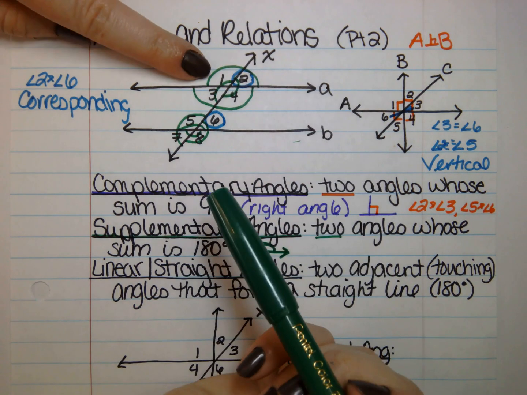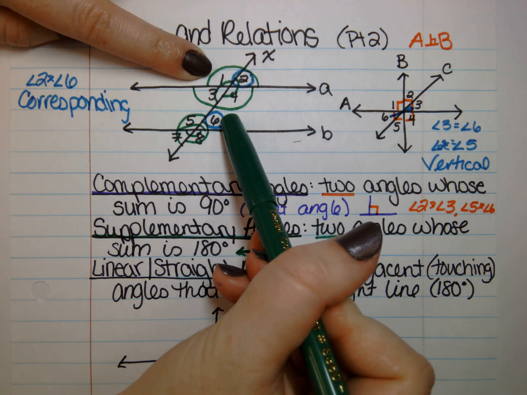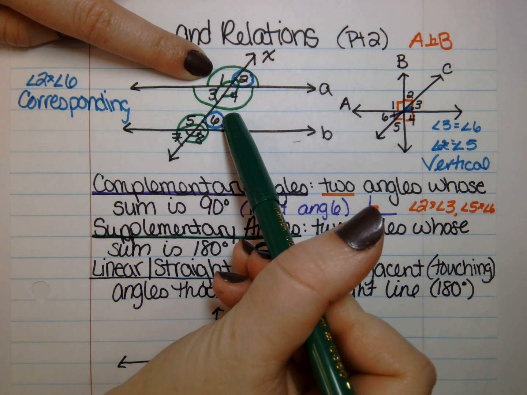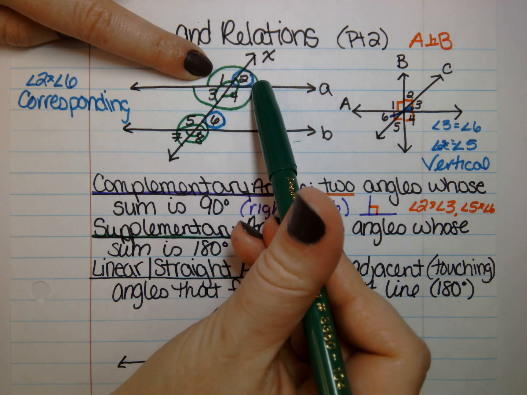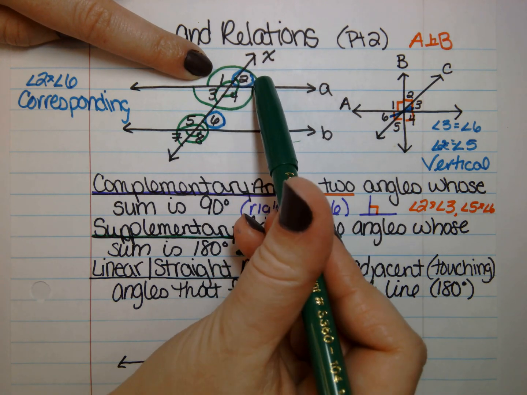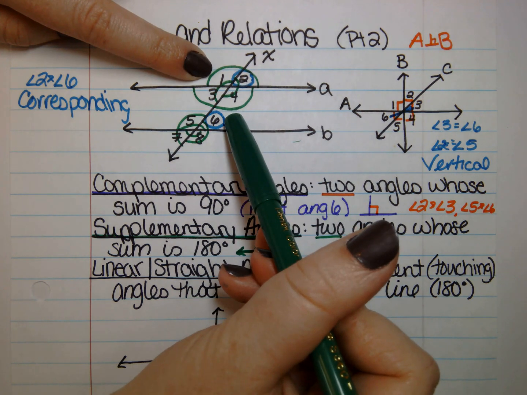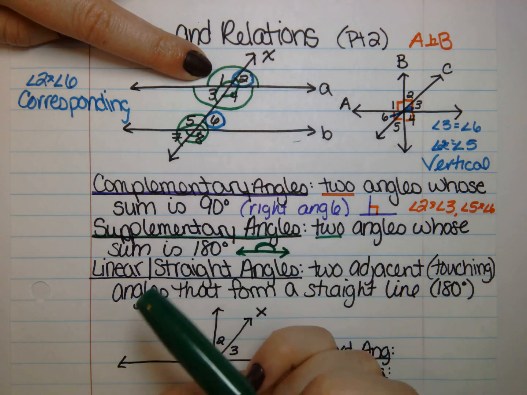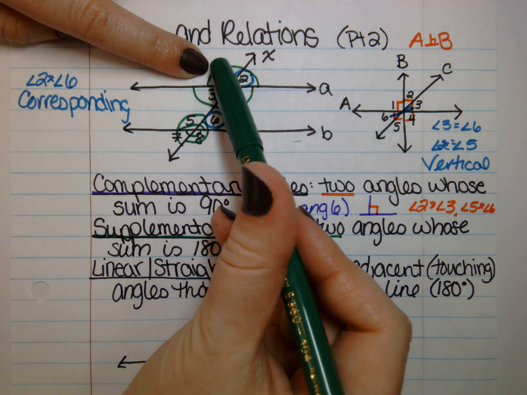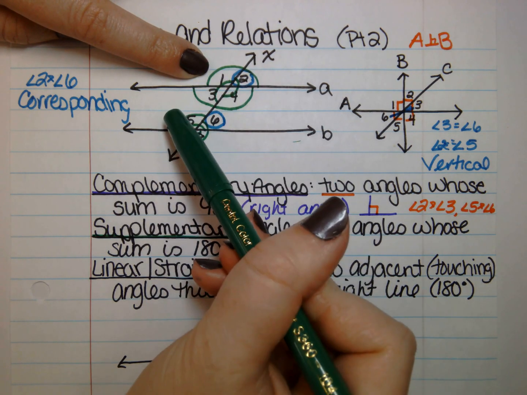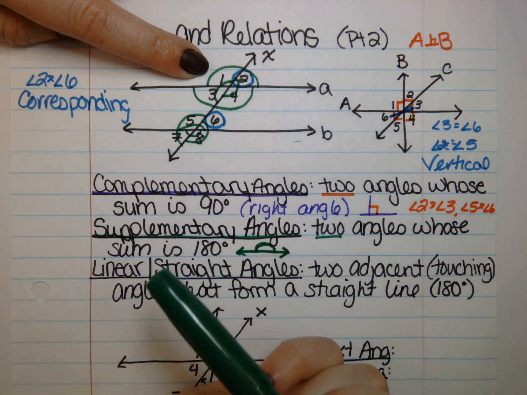So I could say that angle 1 and angle 6 are supplementary, because if these two have the same measure, I can replace the 2 with the value of 6, and it gives me that same value. So angle 1 and 6, or angle 5 and 2.